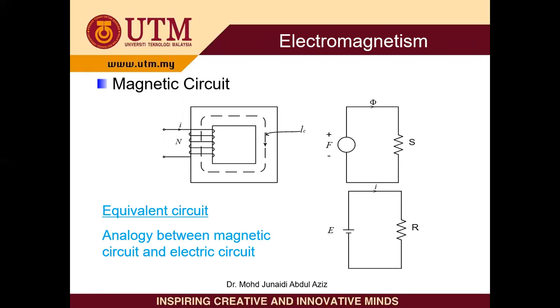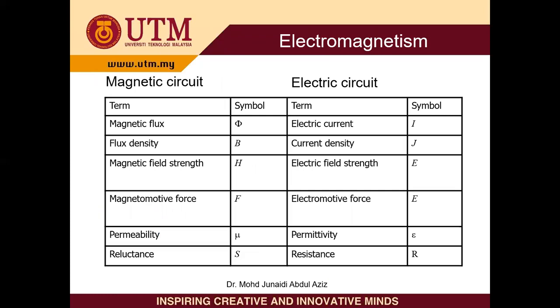This can be represented as an electrical circuit where we have a voltage source, the flux as a current, and the resistance. And this is the comparison between the magnetic circuit and the electrical circuit. For the current I, in the magnetic it is the flux.